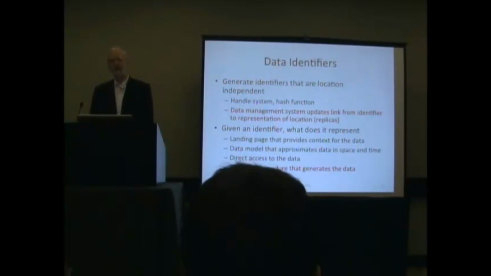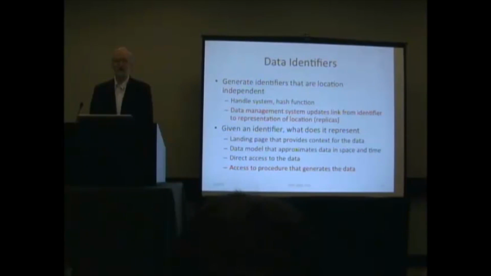I will never have a situation where data can sit on a single storage resource forever. Every 3 years I buy the cheaper version and it's going to move. So I need an identifier that allows me to continue to have a unique representation for that data, but as it moves, that unique identification remains valid.